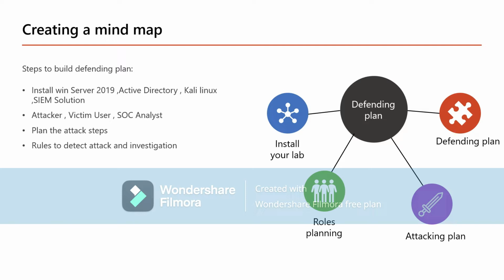We are going to use a Curator. This lab is going to have an attacker, a victim user, and a SOC analyst. We are going to play the three roles during our lab, making a plan as an attacker and building a role as a defender.